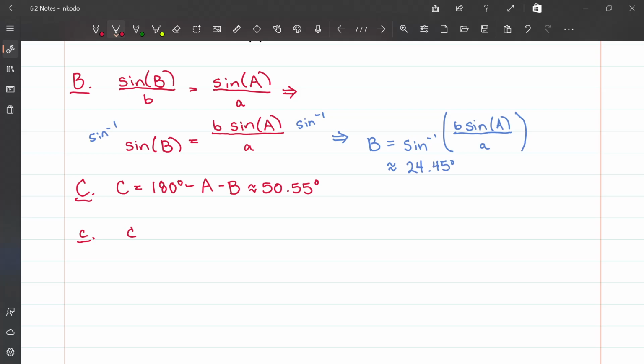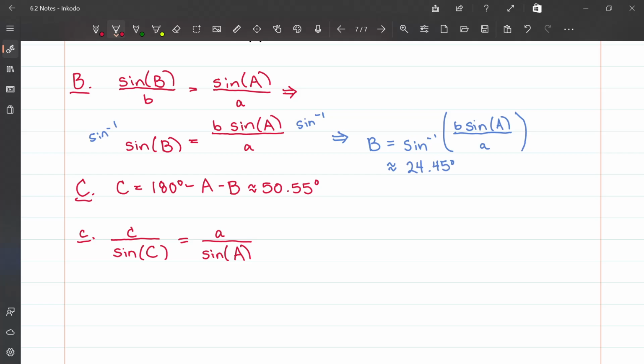But if I want to solve for little c, that means one side of my reciprocal law of sines equation should be little c over sine of big C, and that should be equal to, well, since we were given precise data for big A and little a, we'll go ahead and make the right-hand side all about big A and little a. So little a divided by sine of big A.